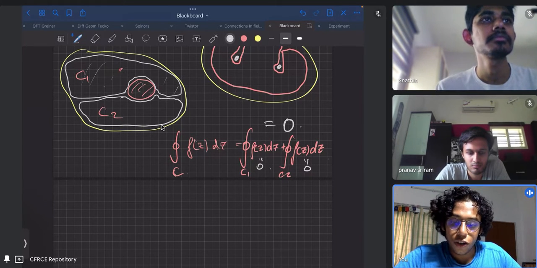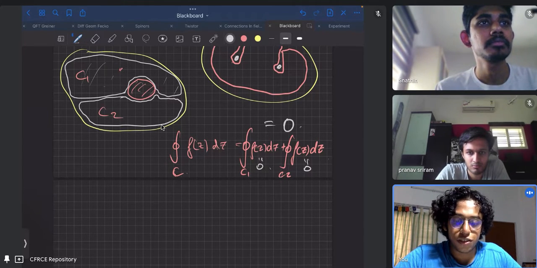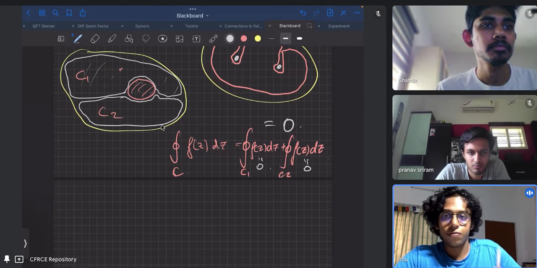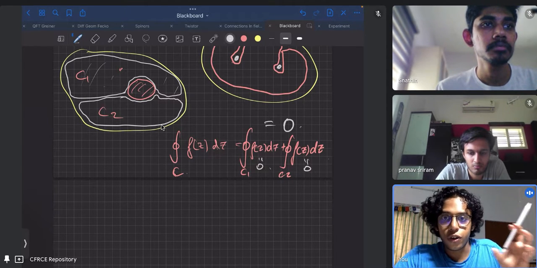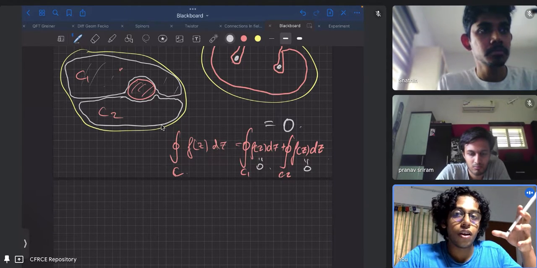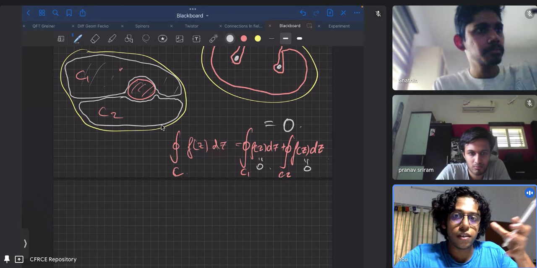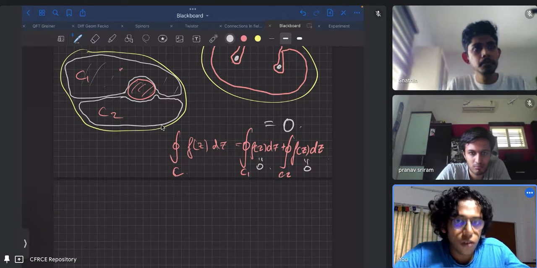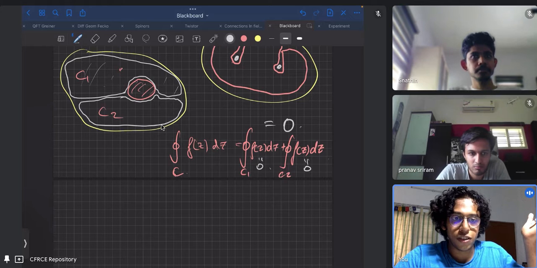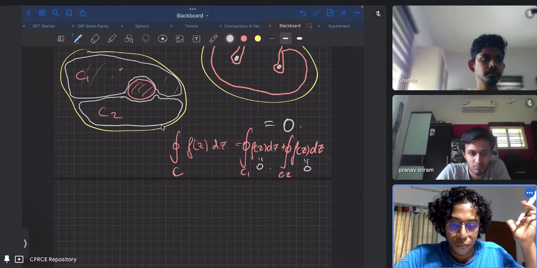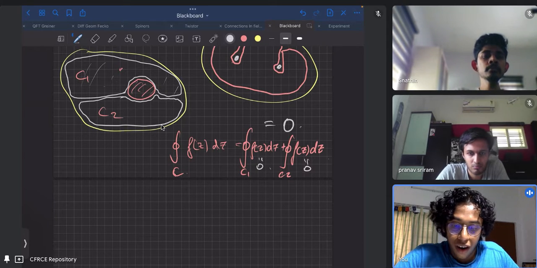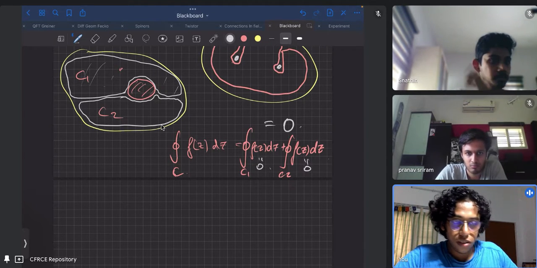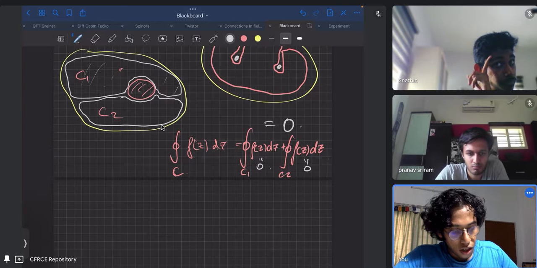So this is the idea of a connected region. If you have one connected region and you want to evaluate your integral in the analytic part of it, it is still perfectly fine. It doesn't lead to anything majorly new.